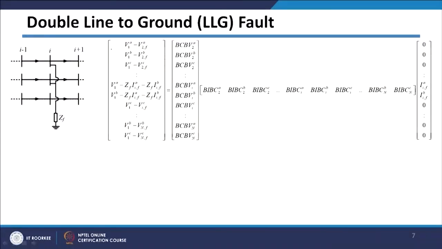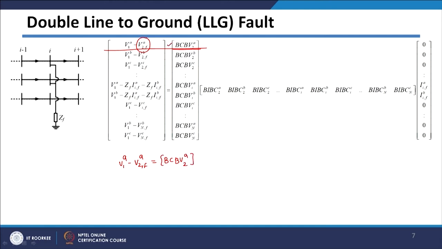If you want to calculate this particular post fault voltage, then we need to write the equation for it. So, V1A minus V2 post fault A will be equal to this particular matrix part, that is BCBV of bus number 2 and A phase.